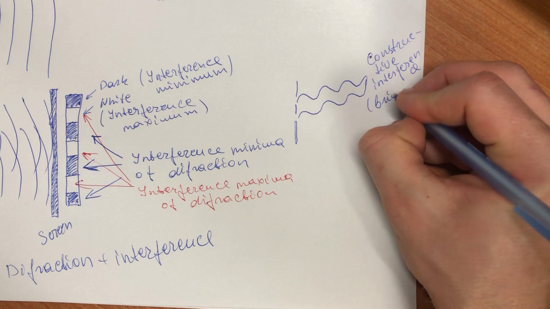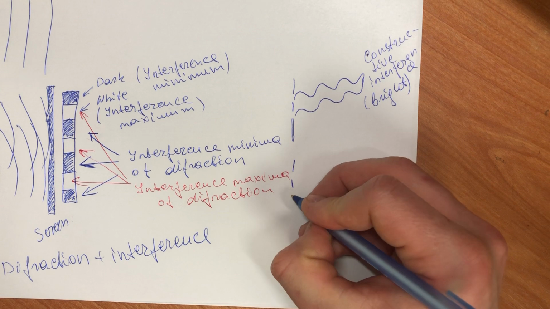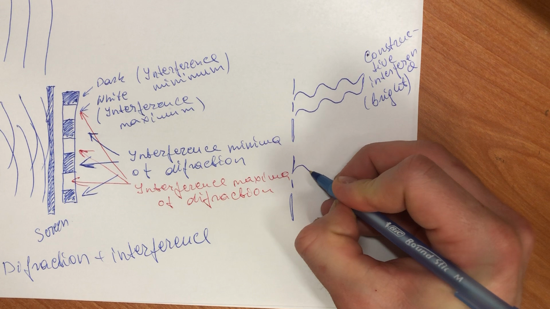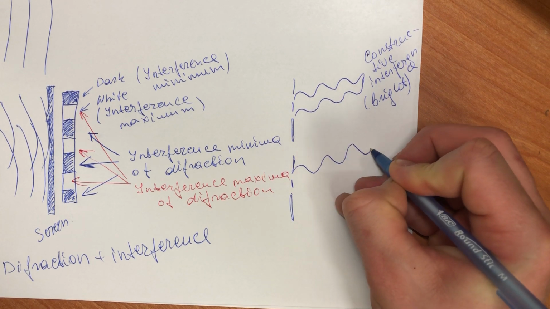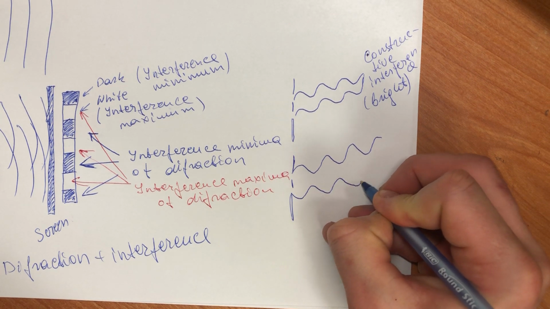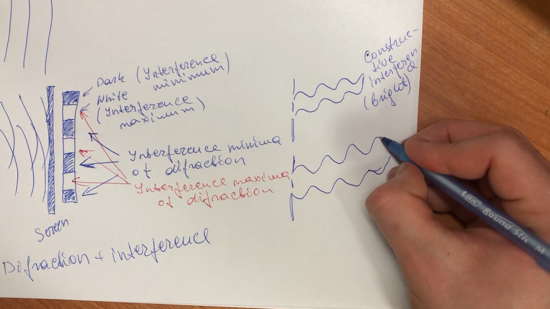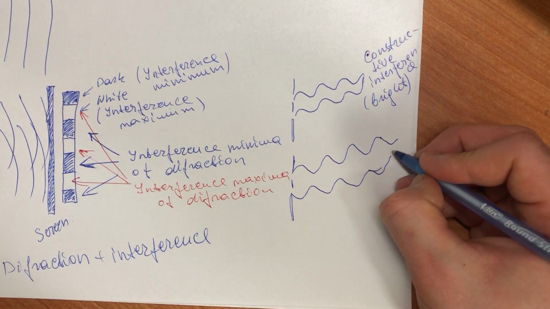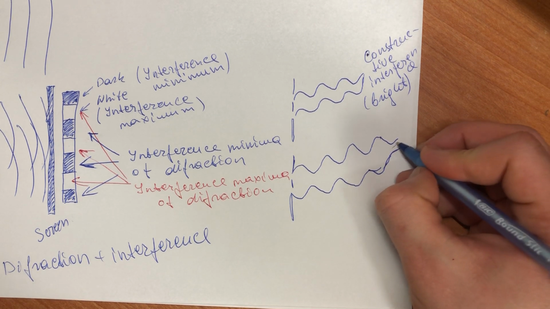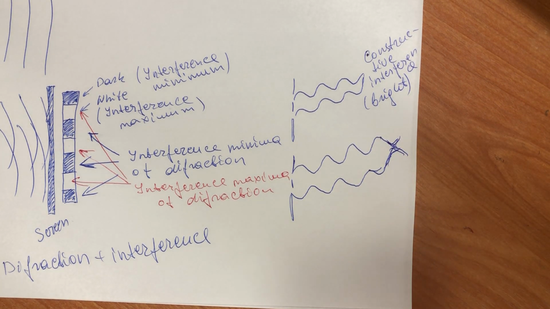and we see bright view. When we have another thing, this would converge, see, like this.